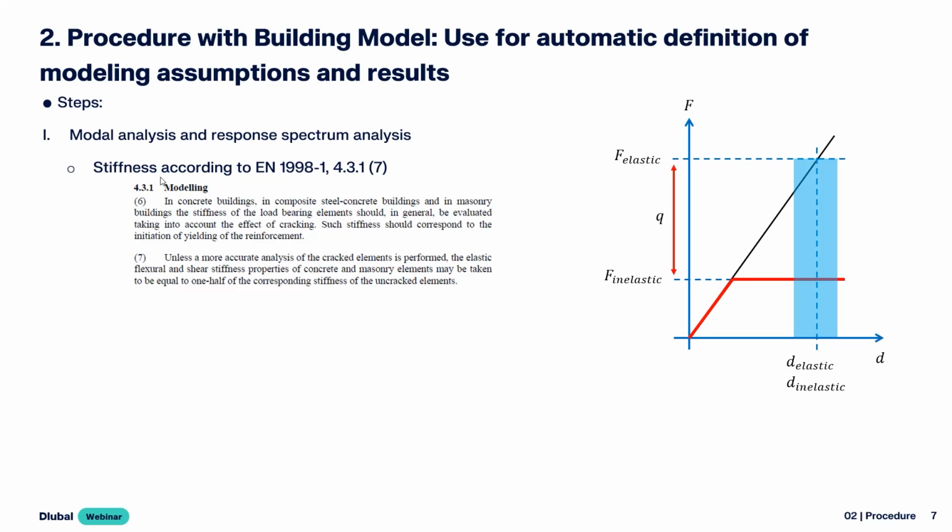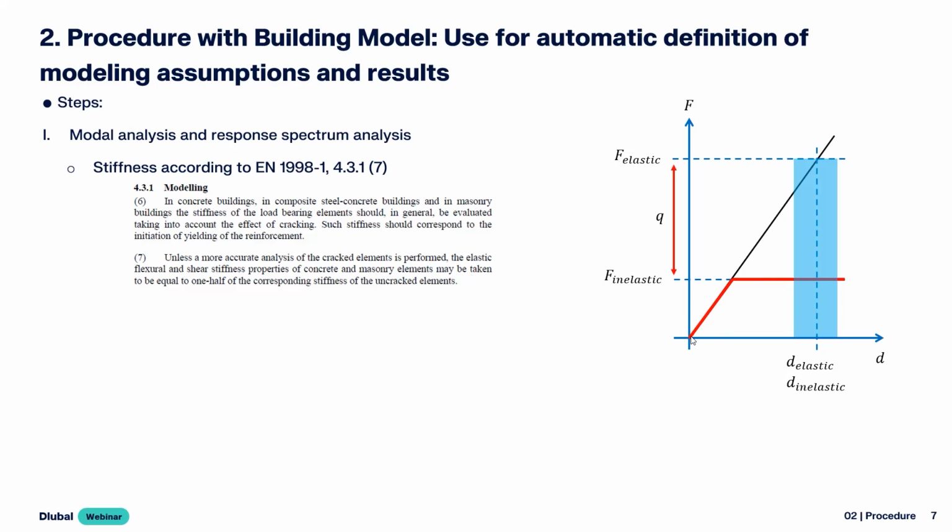But for this, we want to take into account the stiffness according to 4.3.1 and subsection 7. And that's why I started with this figure in the introduction. This section recommends that the stiffness when cracking takes place should be taken into account. This cracking takes place in the inelastic response.